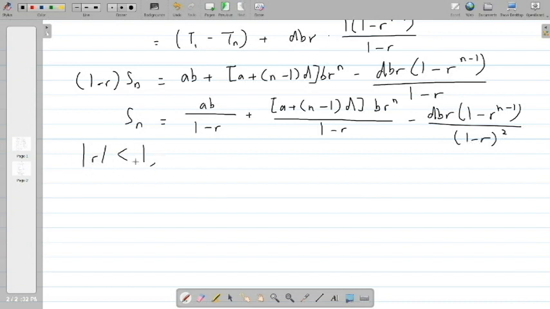Therefore, if this condition holds, r to the power n goes to 0 as n goes to infinity, right? So what happens is we have this term here to worry about. What happens to this term when n goes to infinity? Because this goes to infinity, but this goes to 0. Now, I'm not going to explain too much about what happens to this term right here.